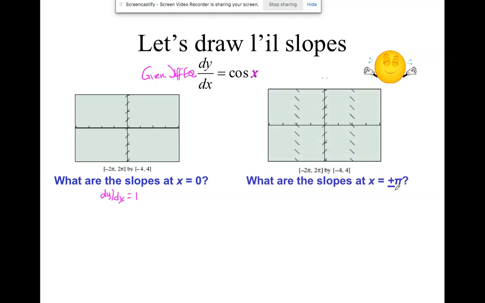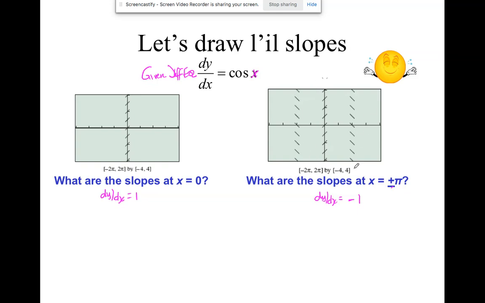Then I did plus and minus pi. Cosine of negative pi, right? Negative pi, and cosine of positive pi, is -1. There's all my slopes.